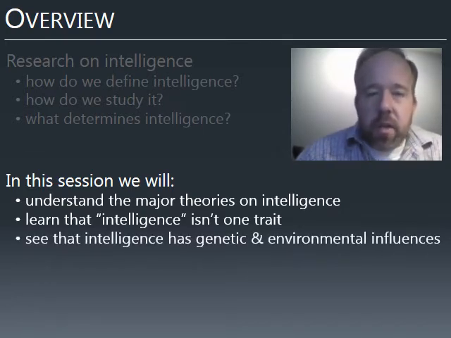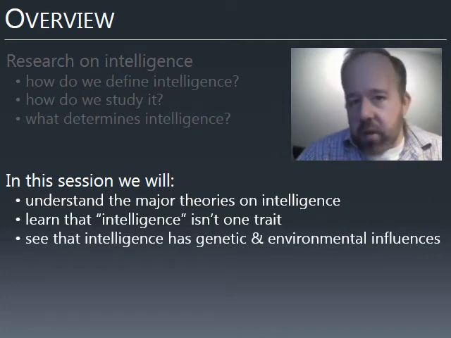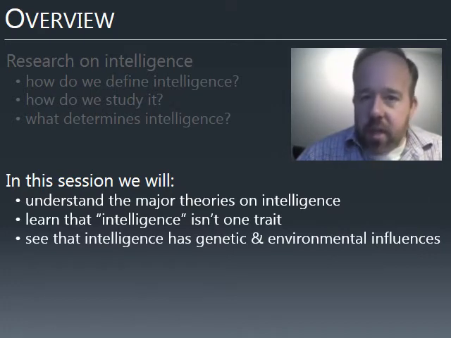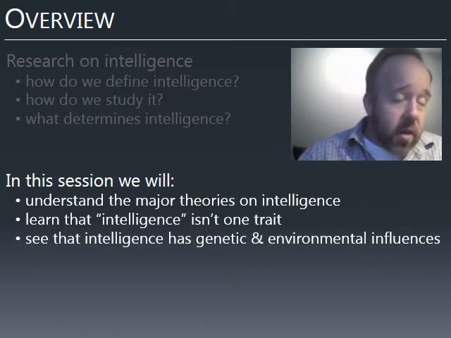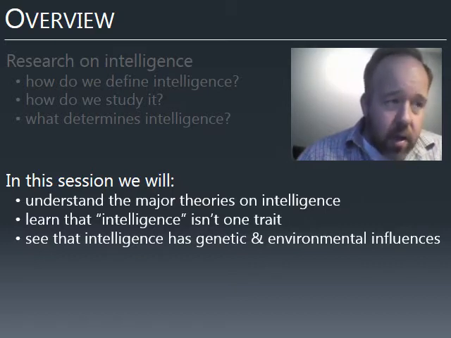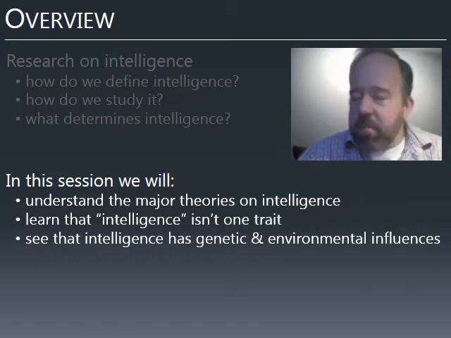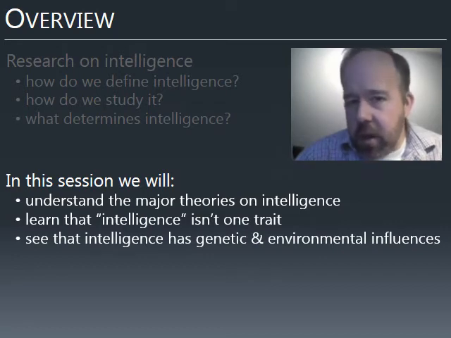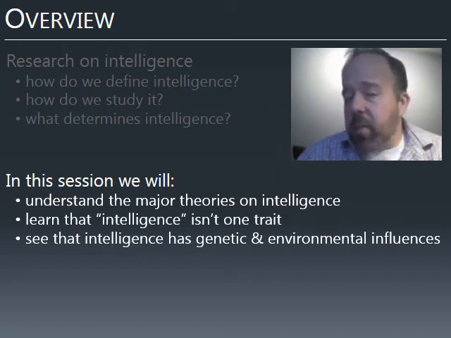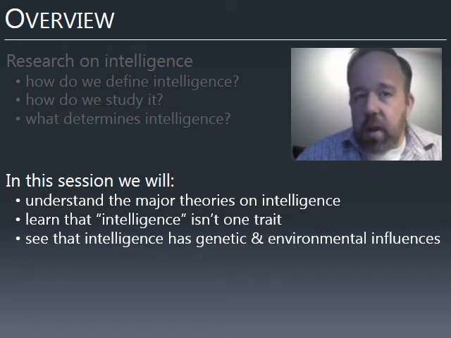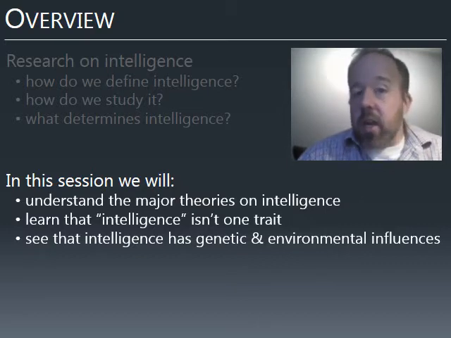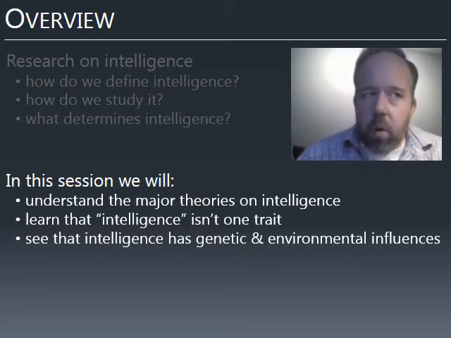And we'll also look at some of the determinants of intelligence and what influences intelligence. So there are certainly going to be some genetic components, but intelligence is not entirely genetically defined. There are also a lot of environmental influences that can cause a person to seem or be measured as more or less intelligent. So we'll look at those as well.